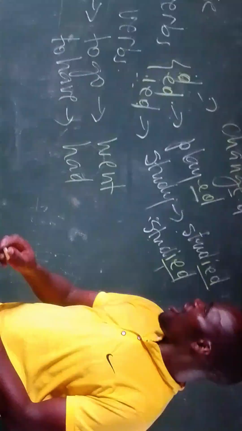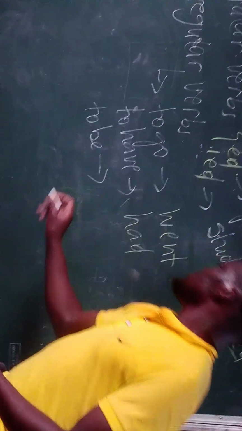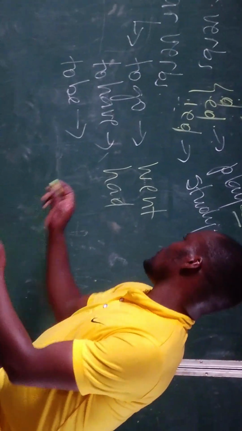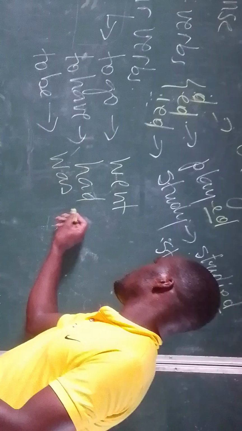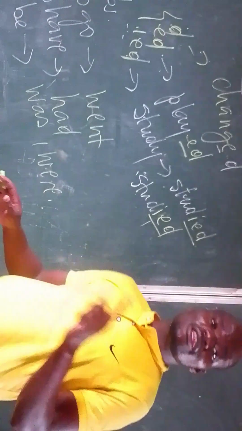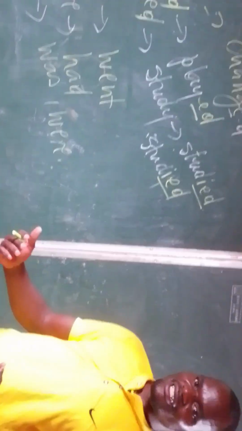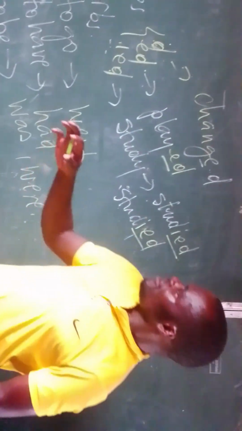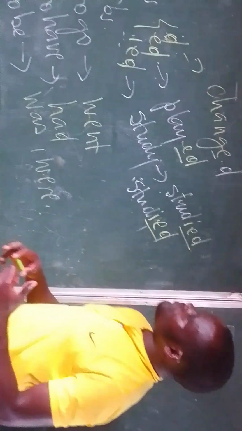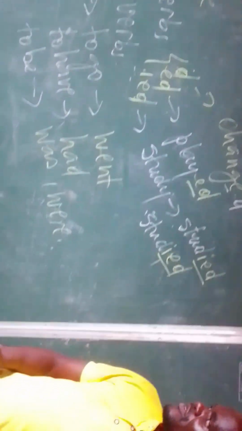And we have the verb to be, which is going to be was or were. You see, those are irregular verbs because they change without following the rules, right? So the lesson of today is all about simple past tense.